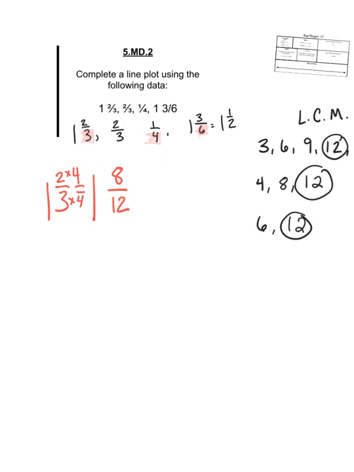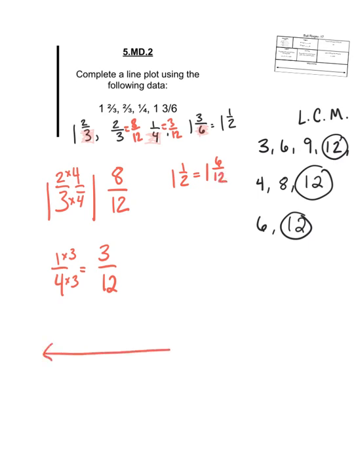And then, of course, I automatically know that 2/3 is equivalent to 8/12, so I can leave that one alone. And then when I do 1/4, I'm going to convert that to 12ths by multiplying my denominator and my numerator times 3. And that gives me 3/12. And then 1 3/6 is 1 1/2, or 1 6/12. I can do that in my head.